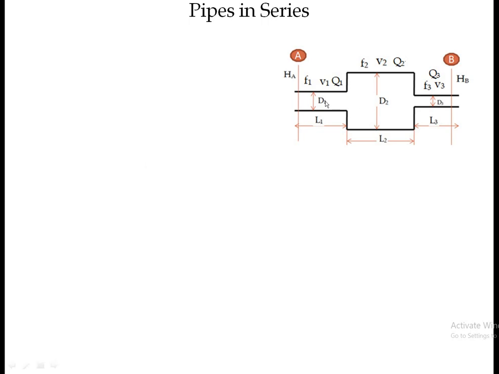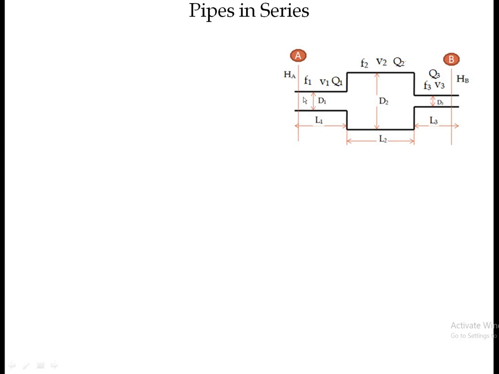Three pipes are there: first pipe with diameter D1 and length L1, second pipe with diameter D2 and length L2, third pipe with diameter D3 and length L3. These three pipes are connected one by one, and this arrangement is known as pipes in series.